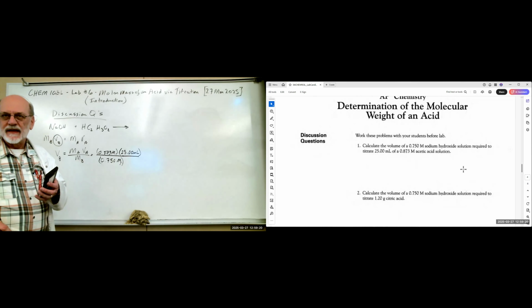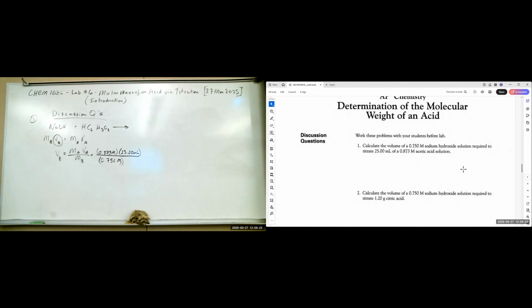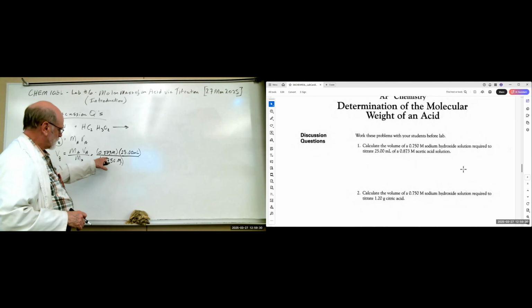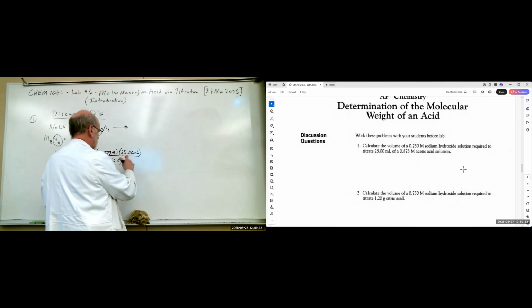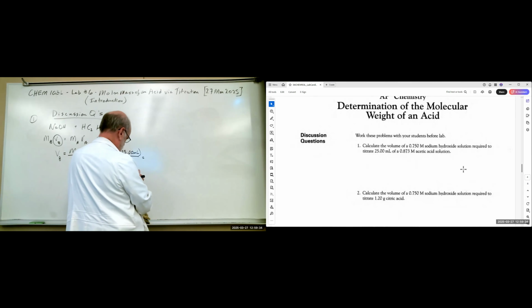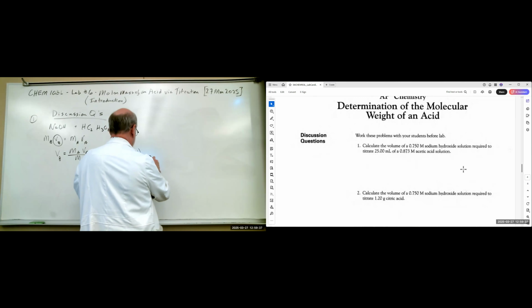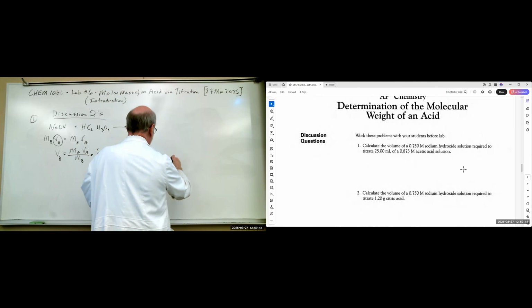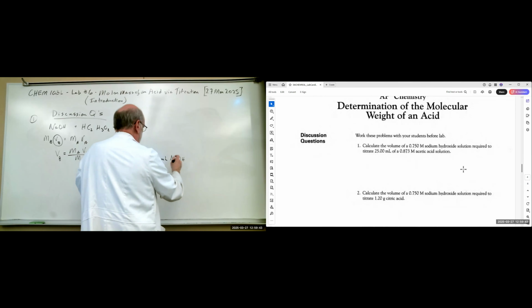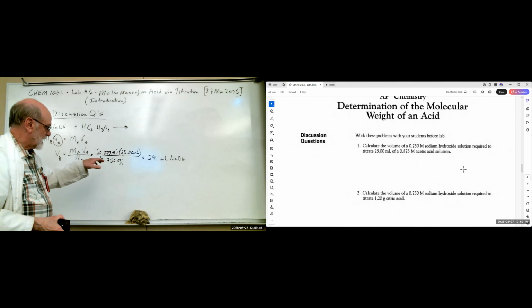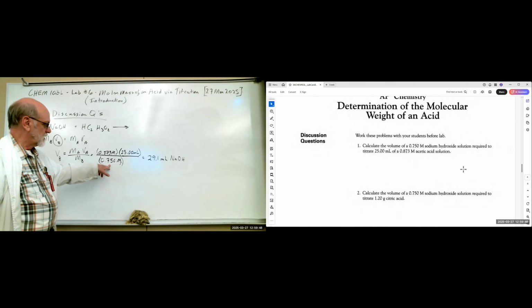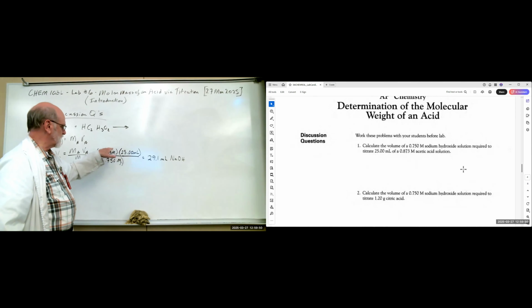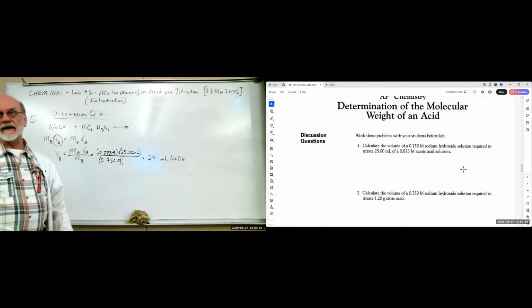Okay, what did you get? 29.110. We have three significant figures here, and 4 there, so we're going to restrict it to 3. 29.1 milliliters of the sodium hydroxide are required at this molarity to neutralize 25 milliliters of acetic acid at that molarity.